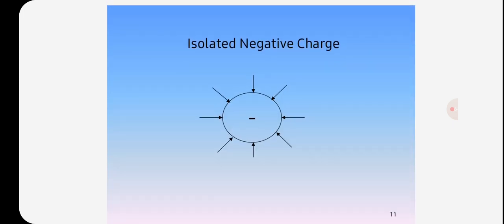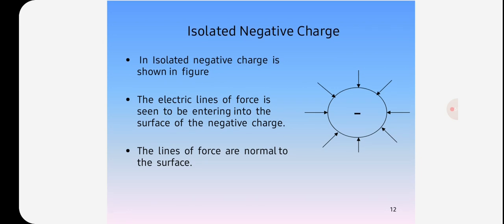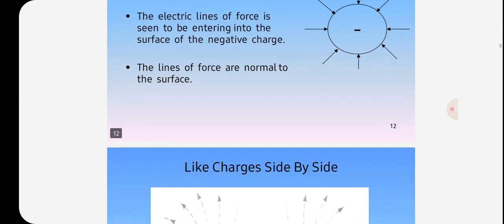This is the isolated negative charge. An isolated negative charge is shown in the figure. The electric lines of force are seen to be entering the surface of the negative charge. The lines of force are normal to the surface.